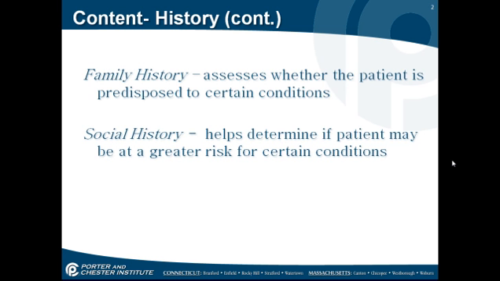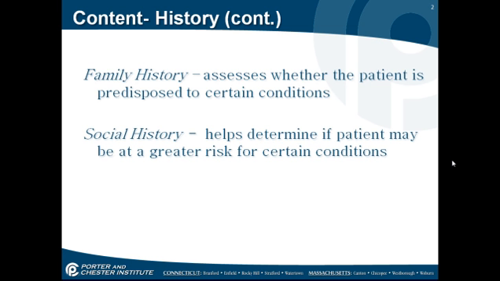Family history is an important part of a patient's medical record. It allows a physician to see whether or not a patient is predisposed to any conditions. A lot of times certain cancers will run in families, and if we know that the patient has some history in their family, then that may be a way for a physician to assess what's going on.